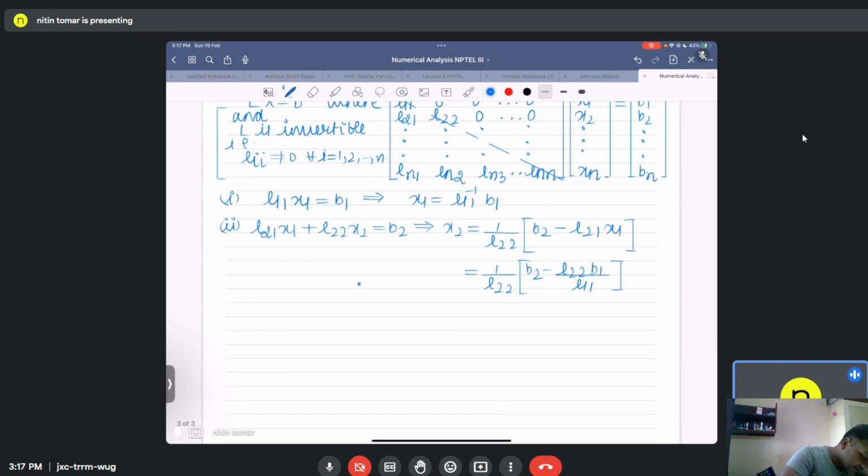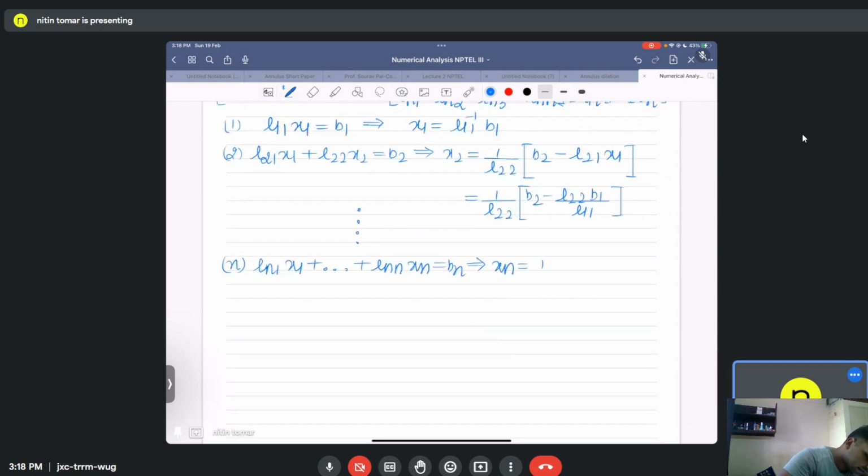So you keep on doing that. I don't know what equation it will be, but let's say this is 1, it is 2, then at some point you will reach equation number n, and this will be Ln1 x1 plus Lnn xn equal to bn, which will imply that xn is actually 1 upon Lnn times bn minus the summation Lni xi, i going from 1 to n minus 1.